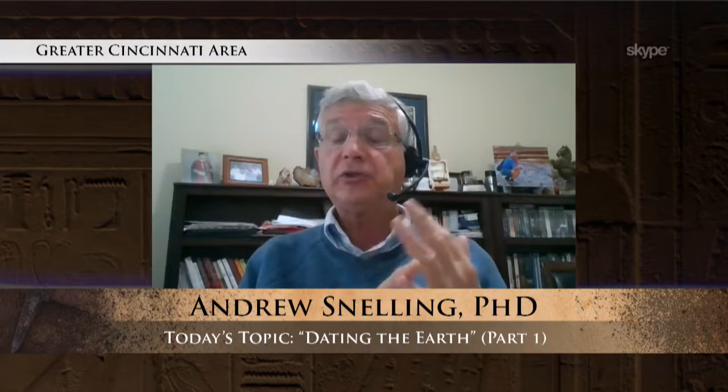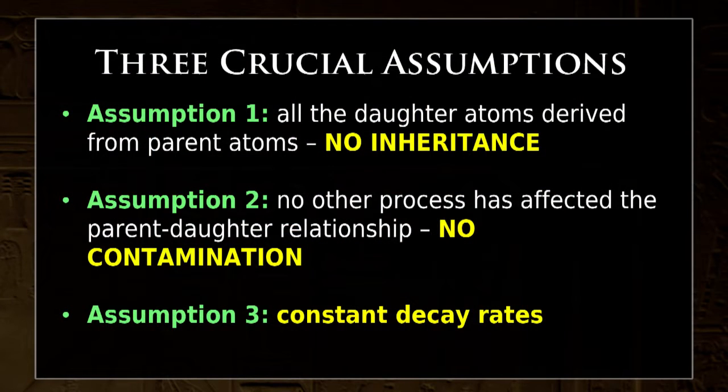And so immediately we see that all these three assumptions, a constant decay rate, the starting conditions, and no contamination, are all assumptions that are not provable. And in fact, they're not even reasonable, because from everyday experience, we know that rates can change.